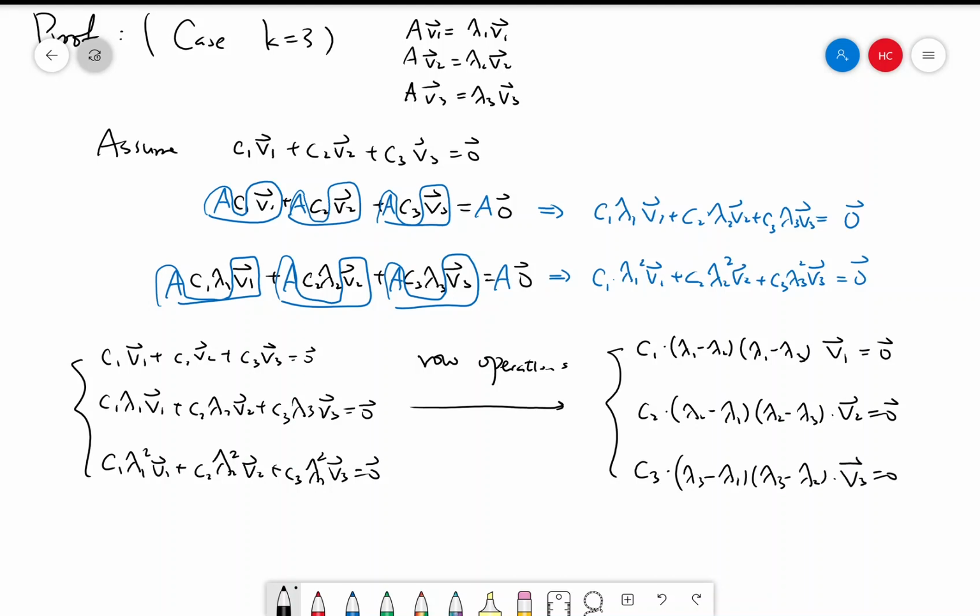So now it's time to use the assumption that lambda 1, lambda 2, lambda 3 are distinct. This means the differences are not 0, so all these big terms here are not 0.